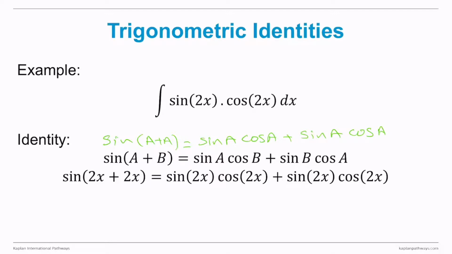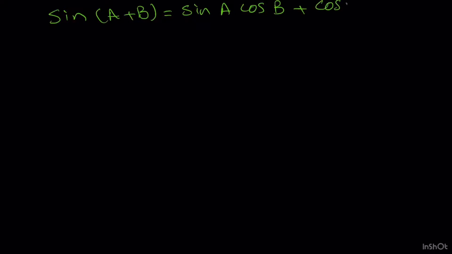If we add them together, let me just write it down on the board. In general, we have sine a plus b equals sine a cosine b plus cosine a sine b. That's what we did last time before Christmas, about the double angle formula.